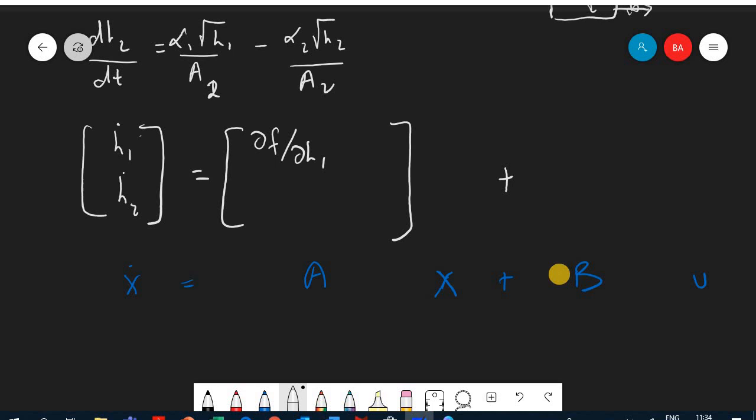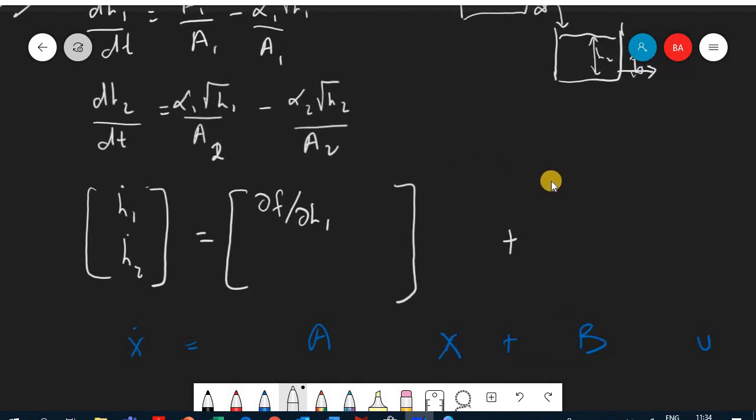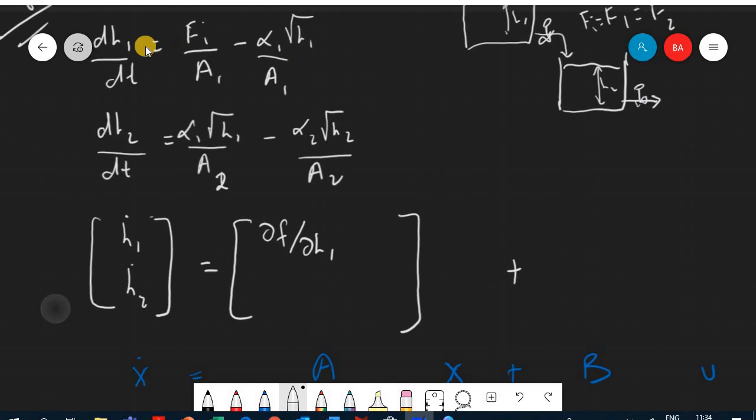So what I have here is x dot, which is h1 dot and h2 dot, and I want to find the matrix A. In this case, I'm going to consider all the partial differential equations. Even though there's no h2 in my first one, it's like doing the linearization. If I was doing linearization in deviation format, here I will also take the differential equation with the second height.